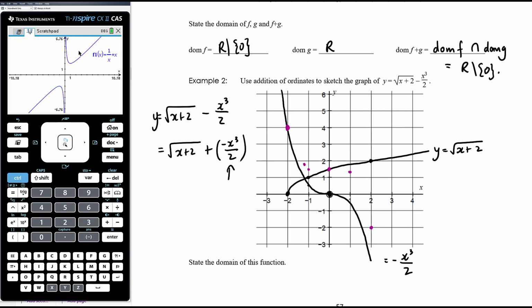It's a bit tight in here, but let's have a think about what's happening here. So between -1 and 0, the cubic is always a positive value, which means we're going to be adding, even if it's small, something positive. So the graph should be sitting above the square root there, whereas here the cubic is negative, so we're taking away from the other graph, so we should be below.